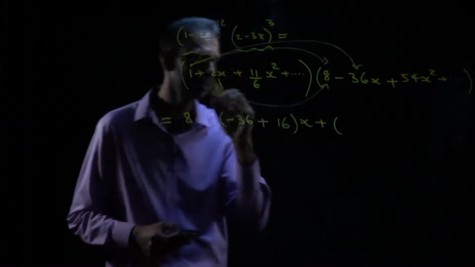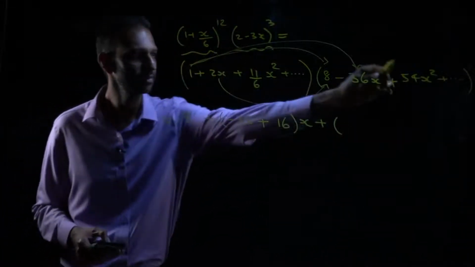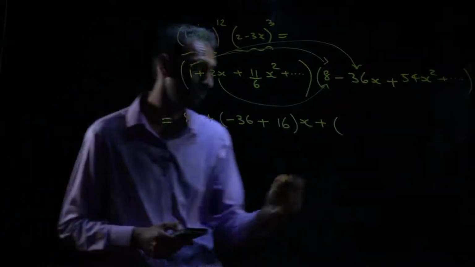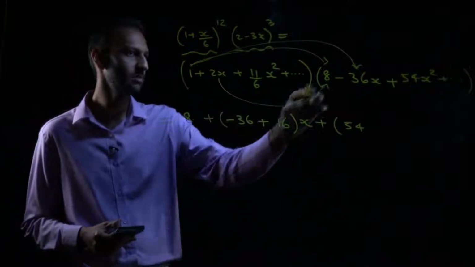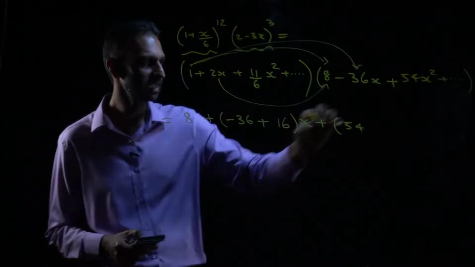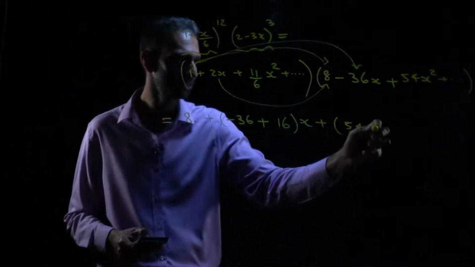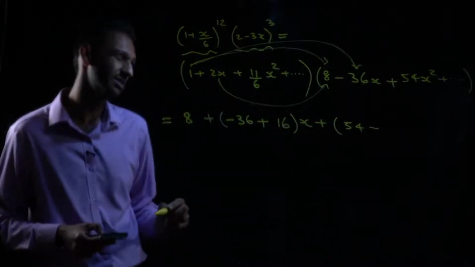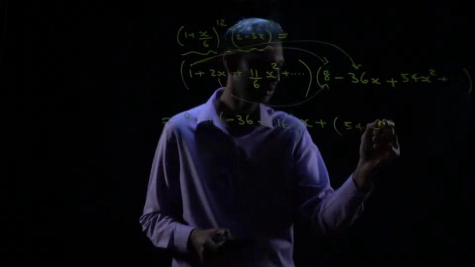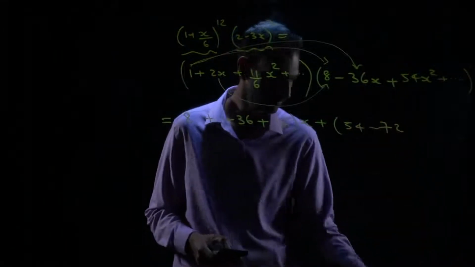Plus, let's do the same for x squared. 1 times 54 is 54x squared. I'll just put the 54 here. 2x times 8 is already taken. 2x times 36x. Remember there is a minus here. So 2x times 36x is minus 72x squared, which is minus 72 here.